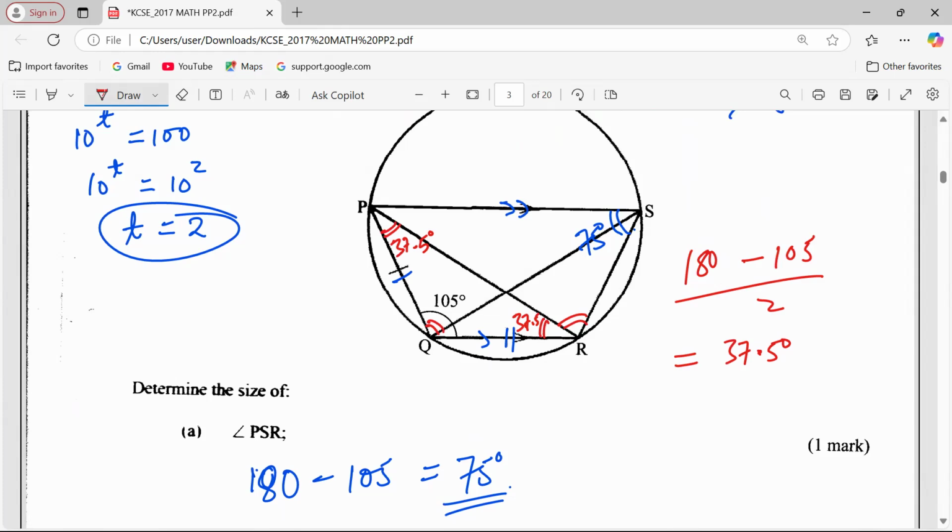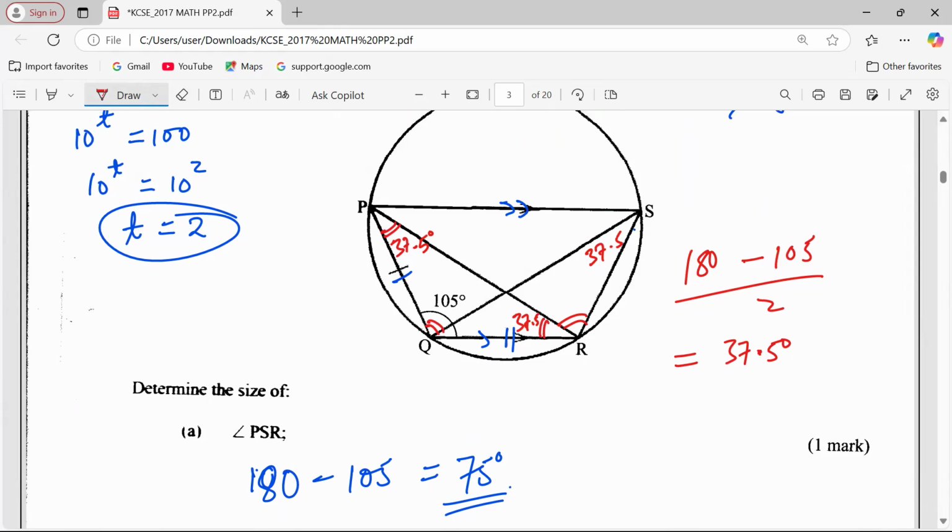If that is so, then we should be able to conclude that the angle subtended at P by QR will also be equal to the angle at this point. So this is also 37.5.